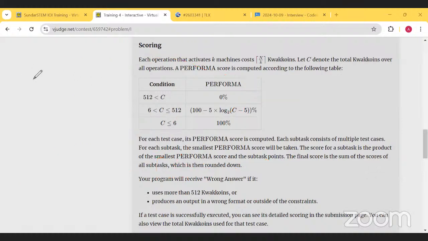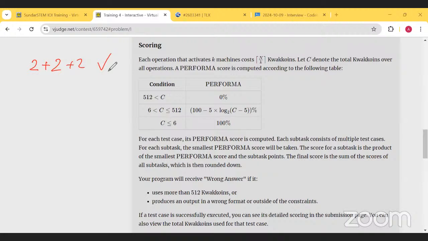Actually, there are at least 3 strategies I found. The first strategy is the cost is 2 plus 2 plus 2, and this is the original solution, the solution in the tutorial.